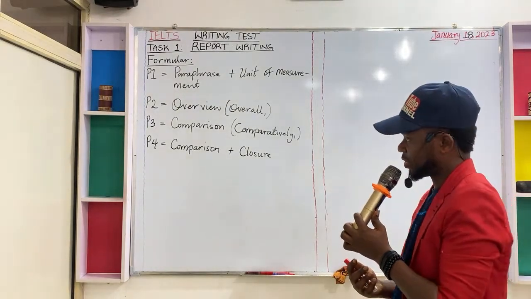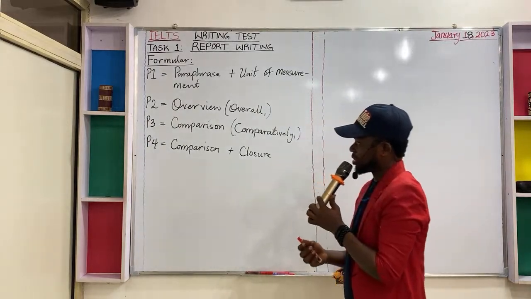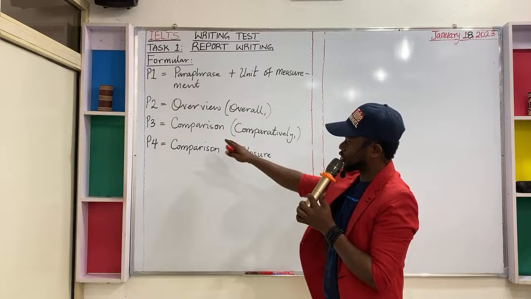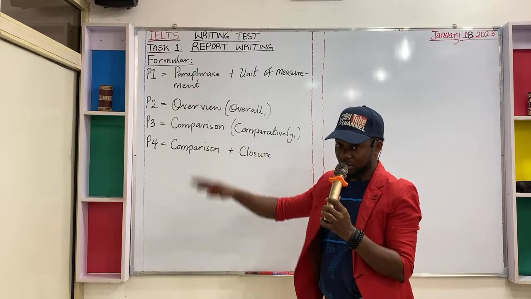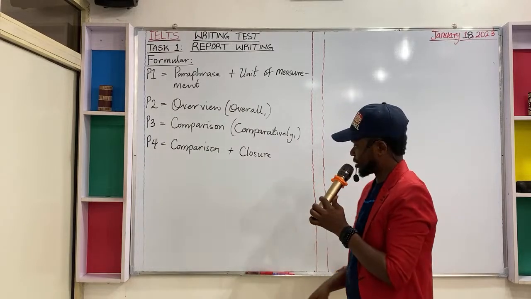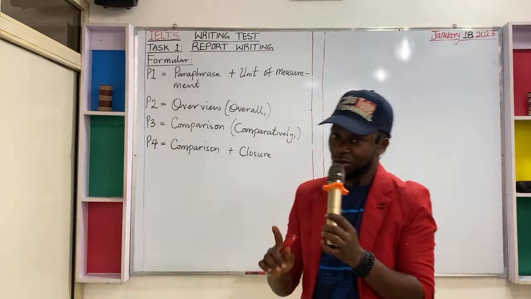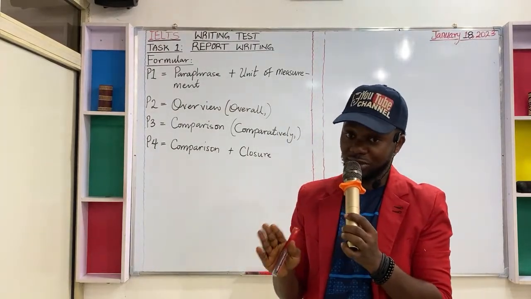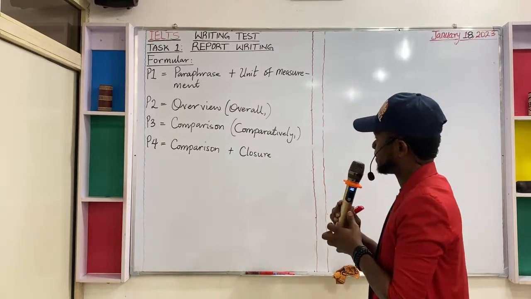Then the fourth paragraph, if you couldn't exhaust your comparison in paragraph 3, you do the remaining comparison. Then you close your report. Not conclude. We don't conclude the report. You close your report. Okay?